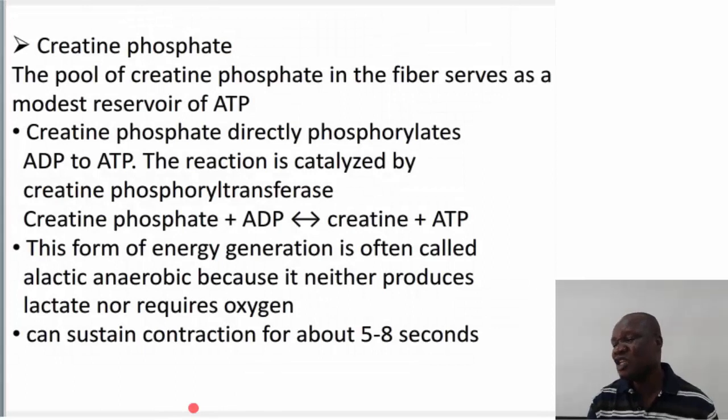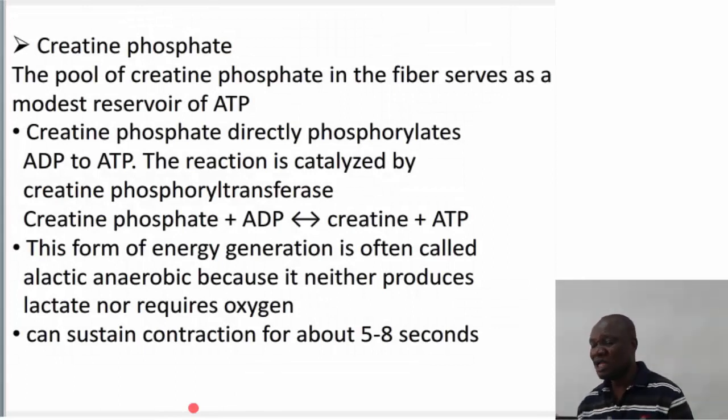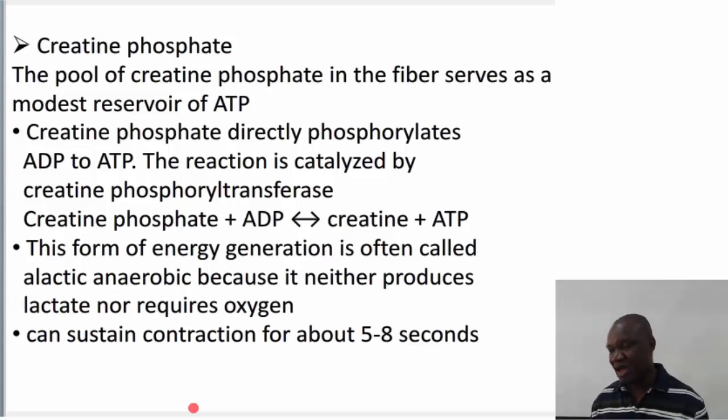Now, each of these processes would generate ATP for muscular activity, but the amount and the efficiency as well as the availability of the energy from these sources vary.